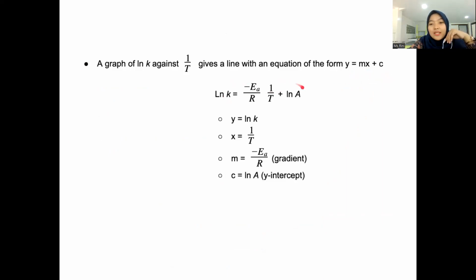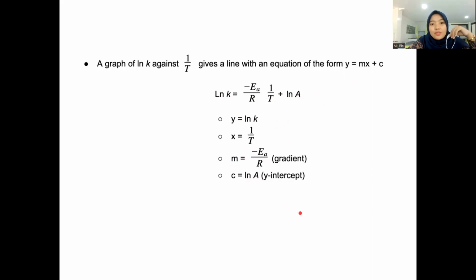If we relate it with the Arrhenius equation, it becomes like this. y will be the same as ln k, x equals 1 per T, m equals minus Ea per R, and c equals ln A, the y-intercept.